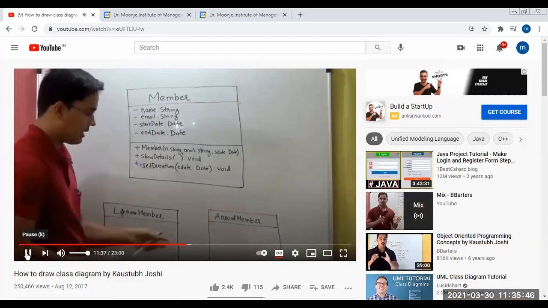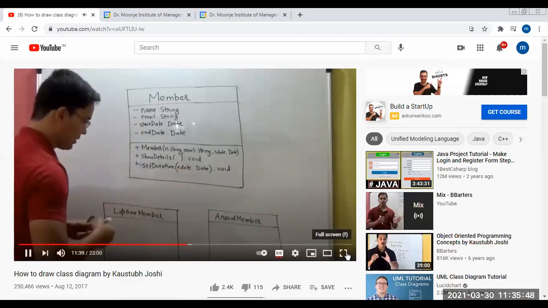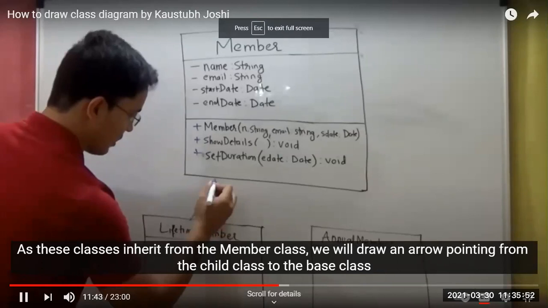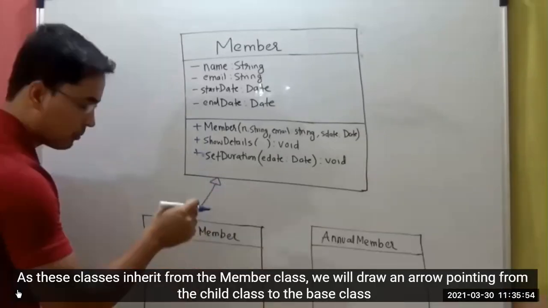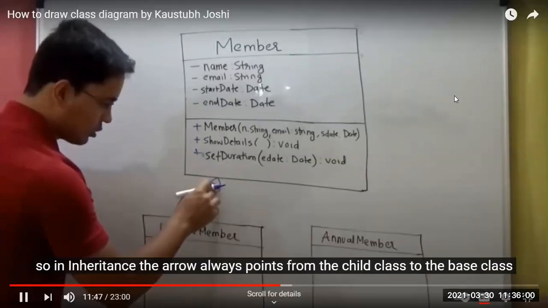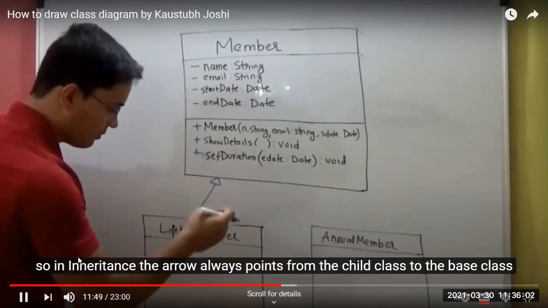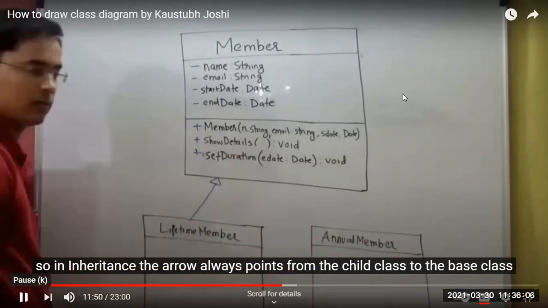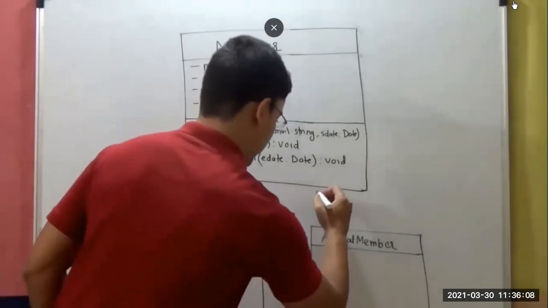See how inheritance is shown in the UML. As these classes inherit from the member class, we will draw an arrow pointing from the child class to the base class, or parent class.